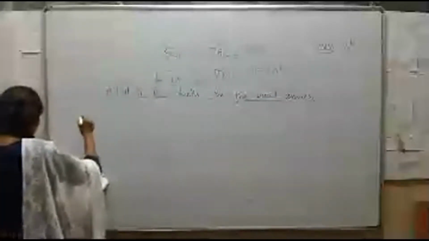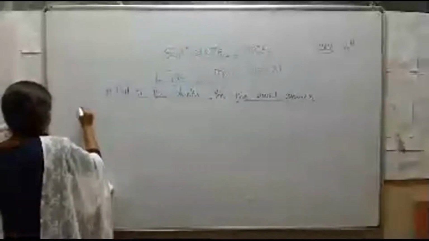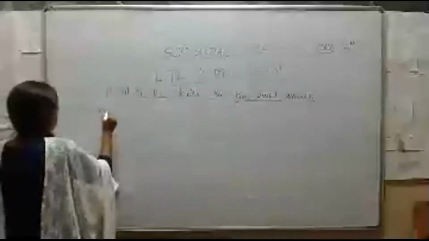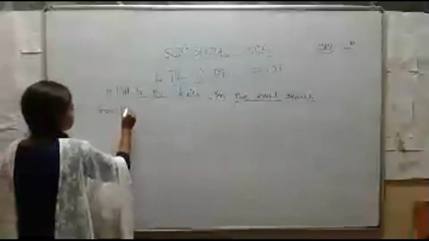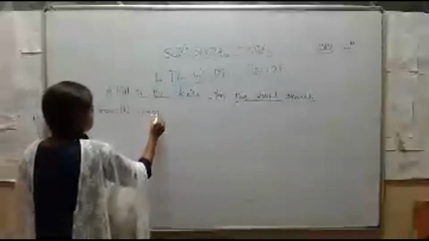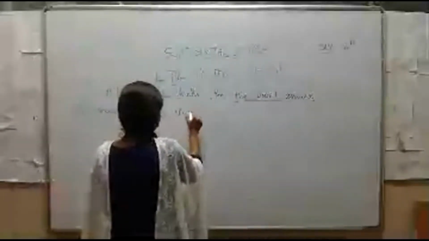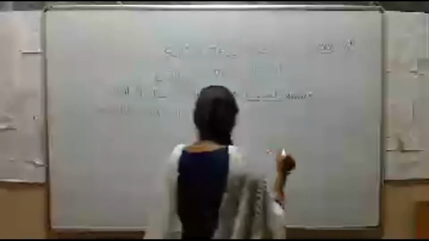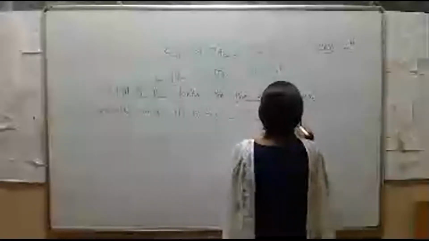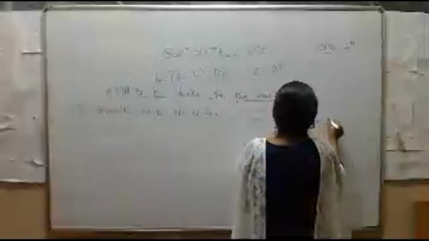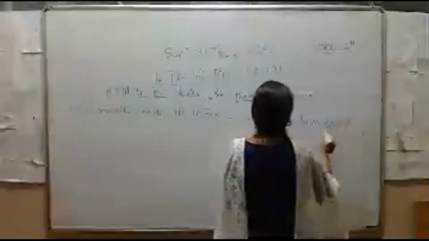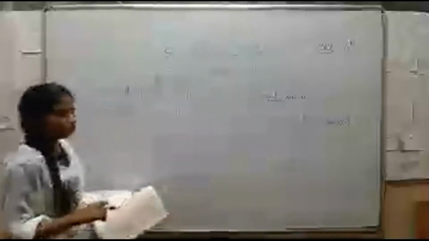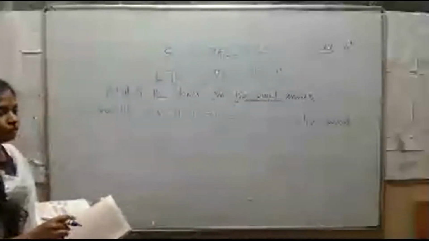First question: the Aravalli range lies to the dash of the Thar desert.